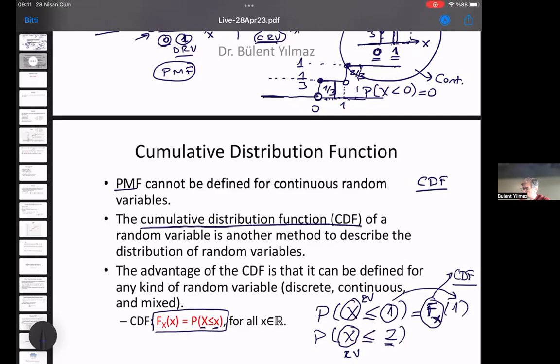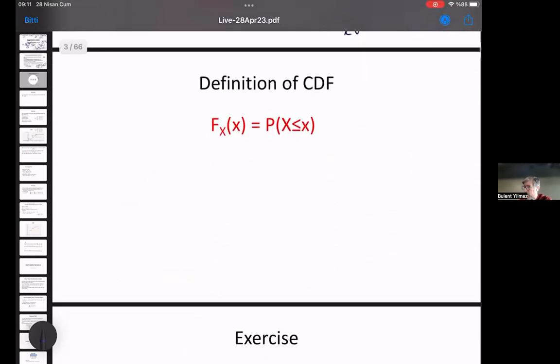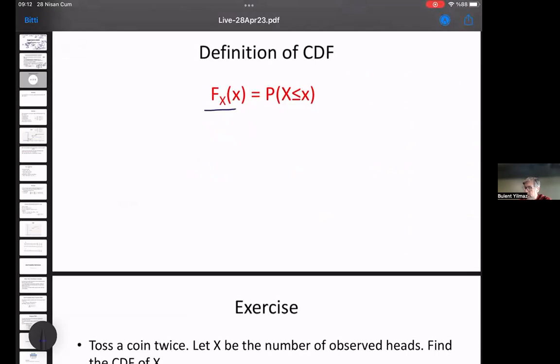Okay, guys. So this is the CDF. This is the probability of a random variable being less than or equal to a number, okay?